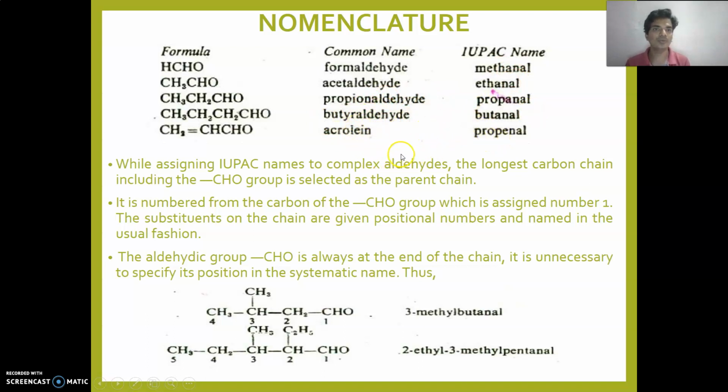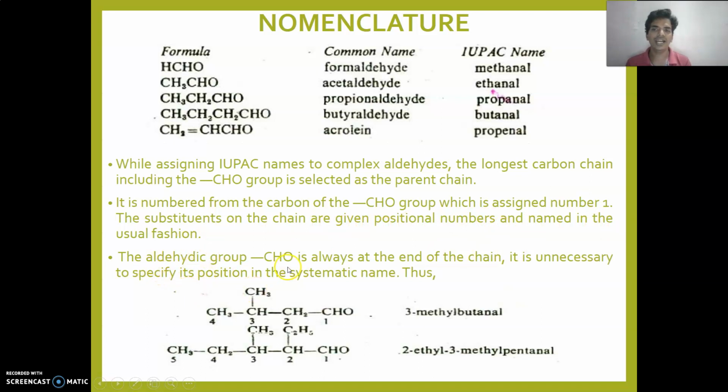While assigning the IUPAC name to a complex aldehyde, the longest chain including CHO is selected first, and it is numbered from the carbon of the CHO, which is assigned number 1. Substituents on the chain are given positional numbers and named in the usual fashion.